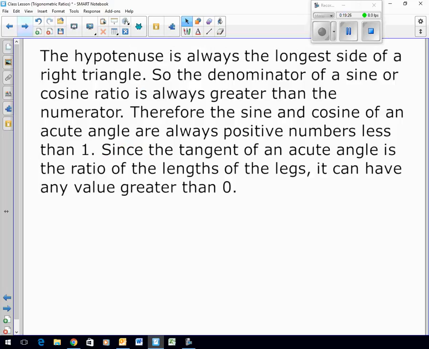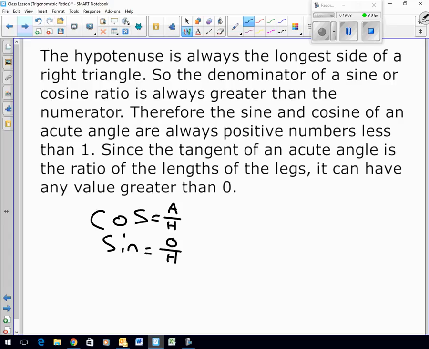The hypotenuse, we already know, is always the longest side of the triangle. The denominator of a sine or cosine ratio is always greater than the numerator. Why would that make sense? Sine is opposite over hypotenuse, and cosine is adjacent over hypotenuse.